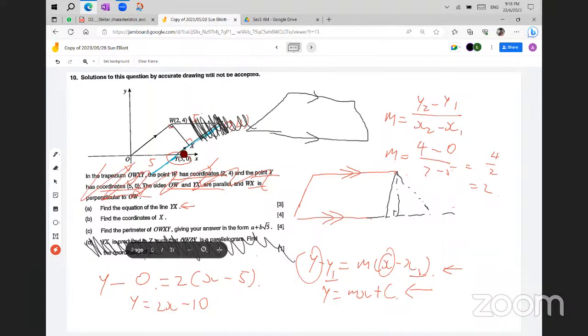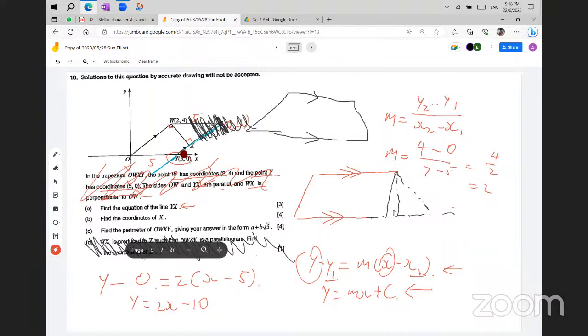Well, I think I have 1 point. But this one I'm teaching, right? This line, come on, Elliot, let's repeat this together. To find a line, we either need 2 points or we need 1 point and a gradient.